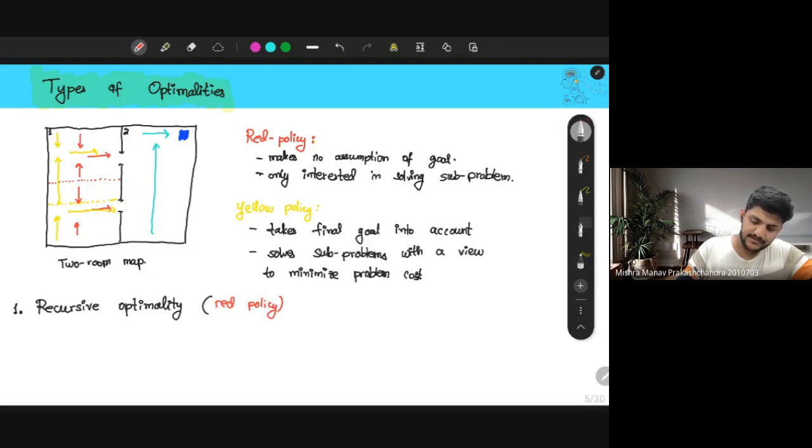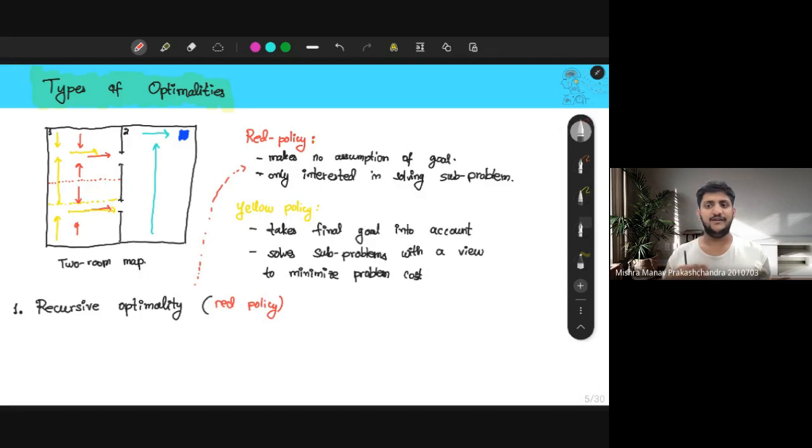So recursive optimality doesn't take into account the final goal that it has in mind. If it has to respect or satisfy a particular hierarchy, it tries to optimize for that particular hierarchy. So the red policy tries to optimize for each sub problem that it is presented with, and eventually whatever final goal we get, we combine that together and form the final solution. Okay, so this is what recursive optimality does.